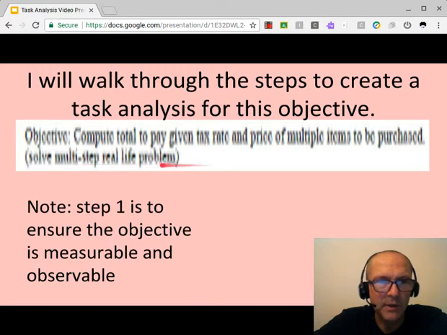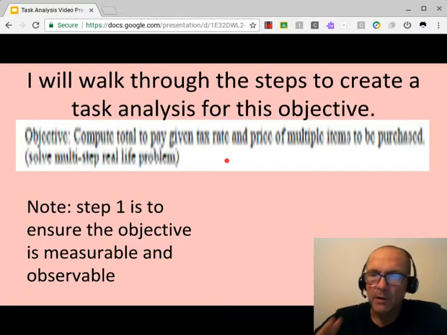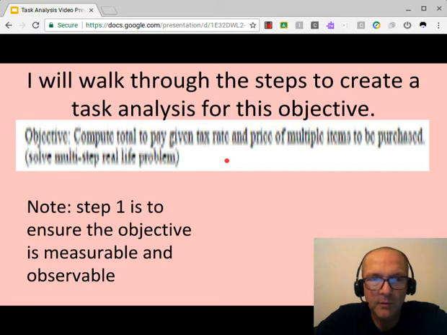And the idea is that this would be like a multi-step real-life problem. So step one is to make sure you have an objective, measurable, observable objective. And so we've already covered that, so I'm going to move on.